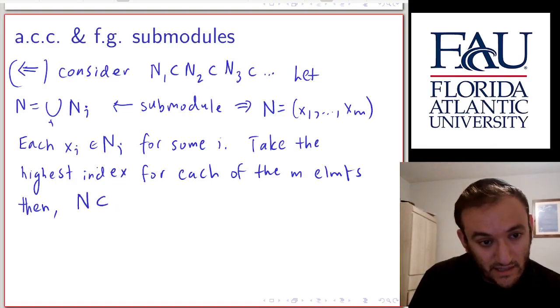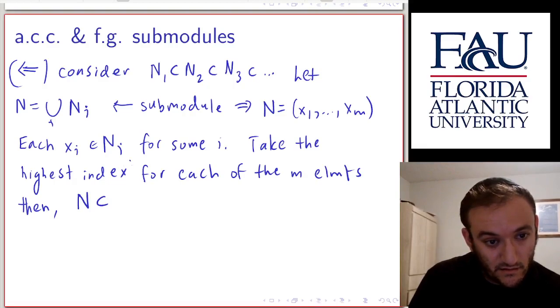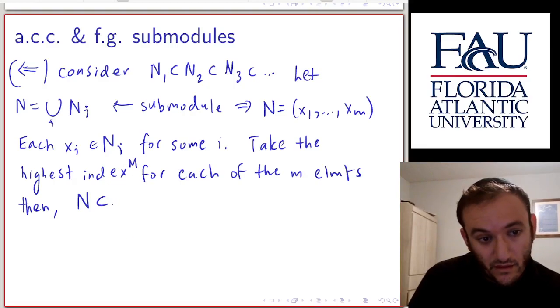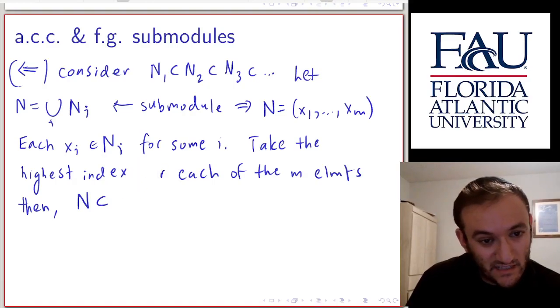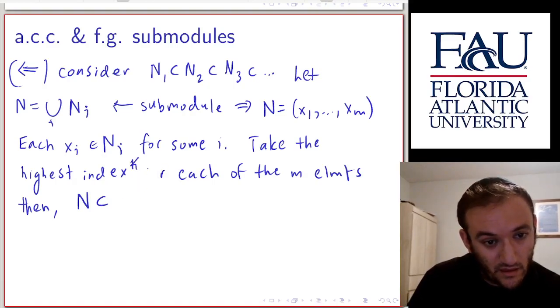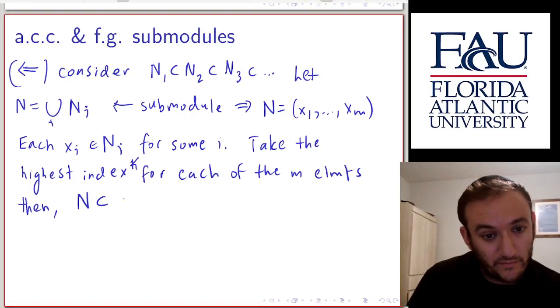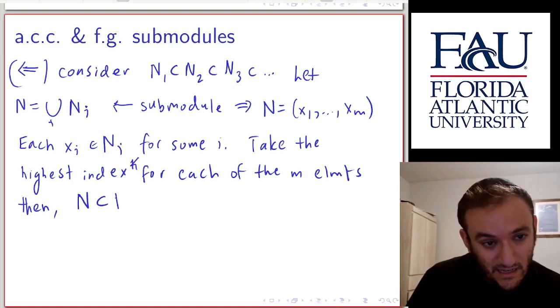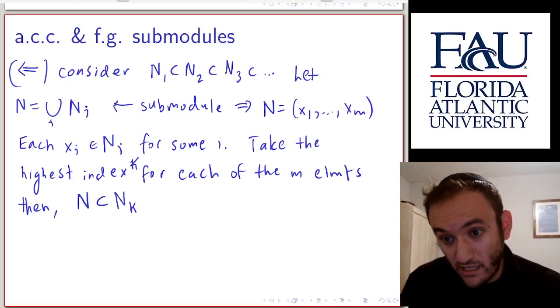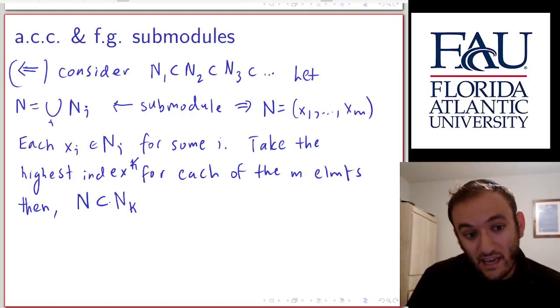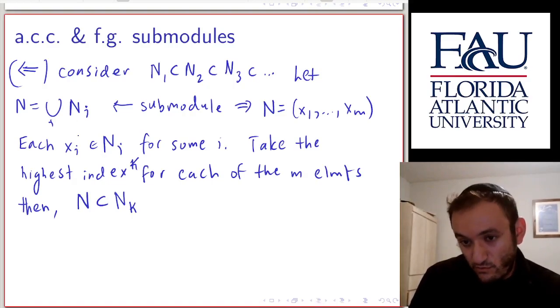So take the highest index. Let's call it capital M. Or no, we're starting with a capital M, so let's take the highest index to be capital K. Then N is contained in Nk by virtue of all the elements being in Nk. But we know that Nk is contained in N because N is the union of all of the submodules.